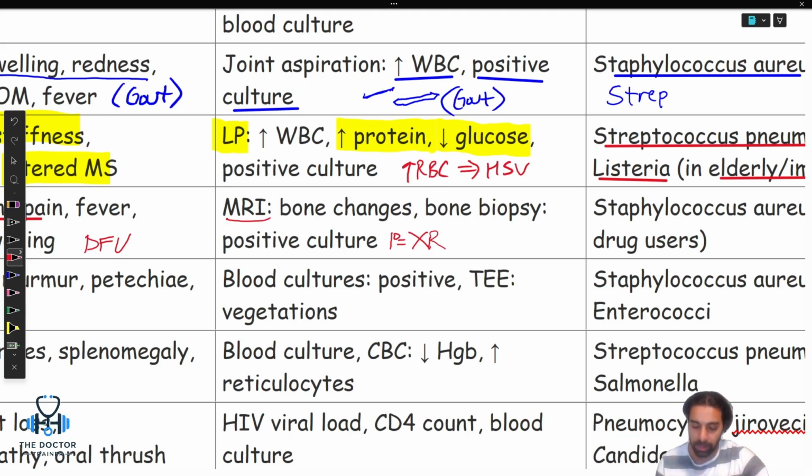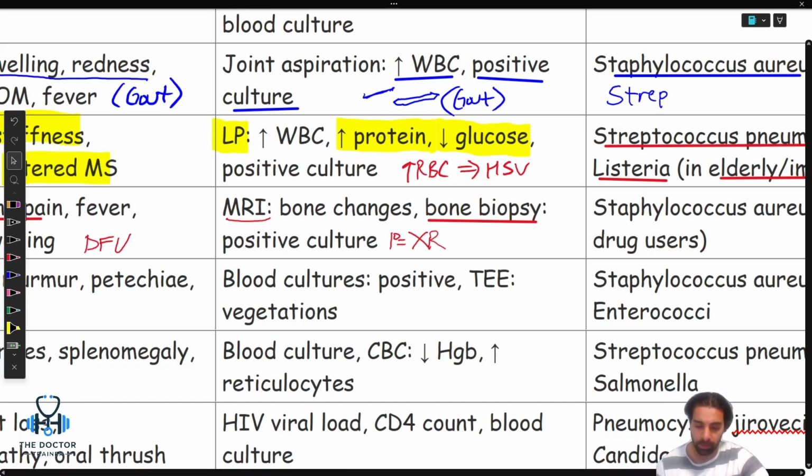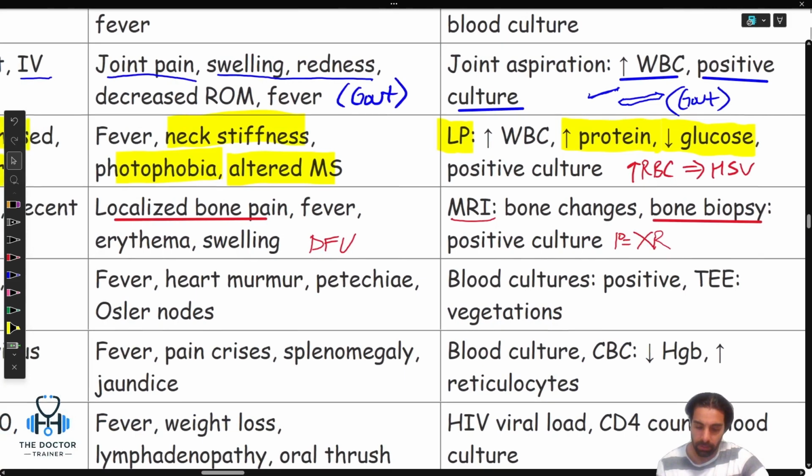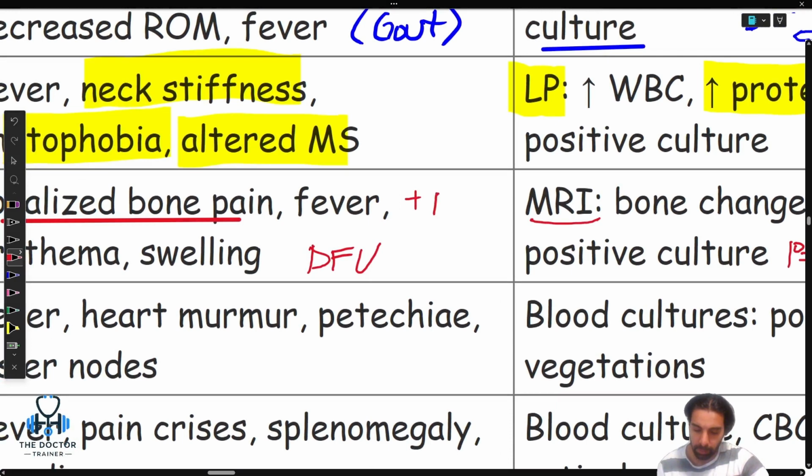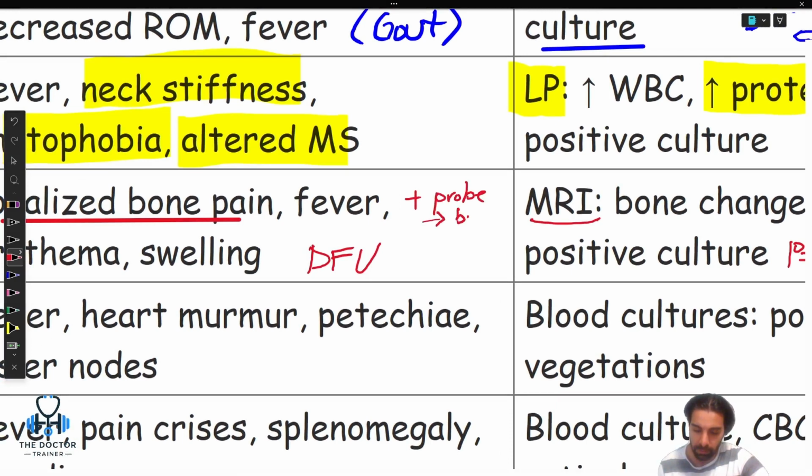You can get a bone biopsy in some of these patients if you're not entirely sure, especially if they have what's called a positive probe to bone test.